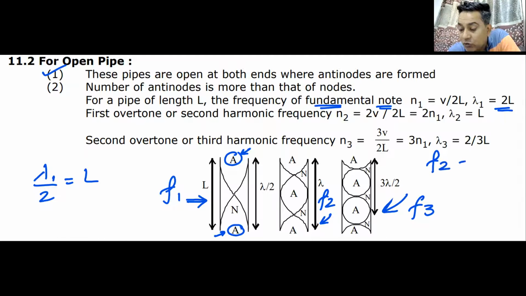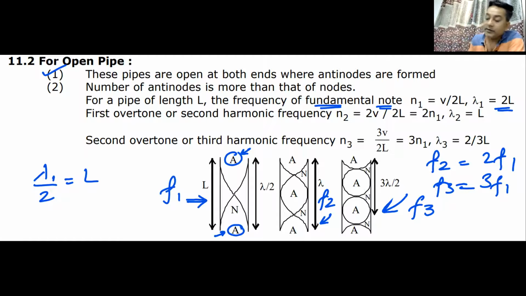F2 will be 2 times F1, F3 will be 3 times F1, F4 will be 4 times F1, and so on. For open pipes, we have all harmonics, but for closed pipe, we only have odd harmonics. Can you remember this? Yes, sir. Please note it down, and then we will move on to some question and answers.